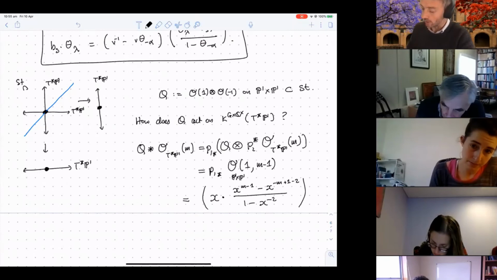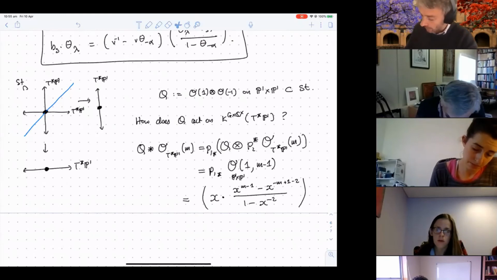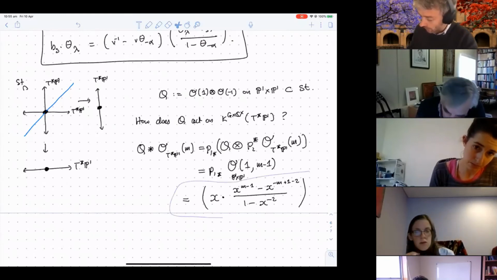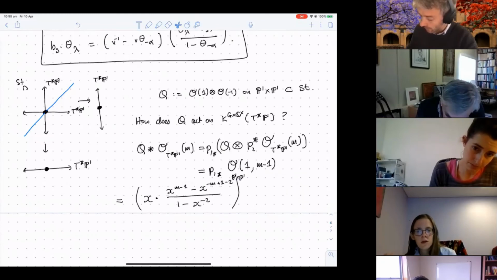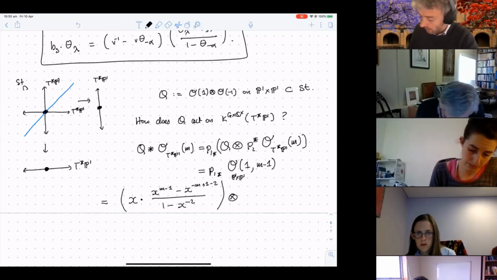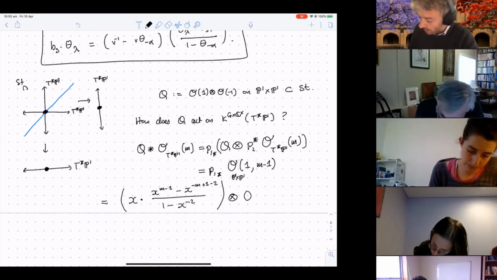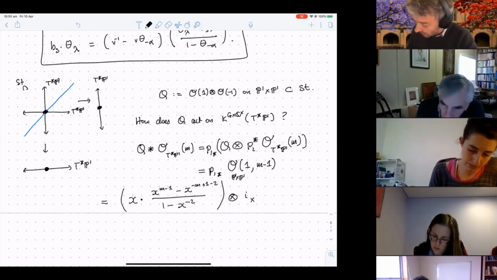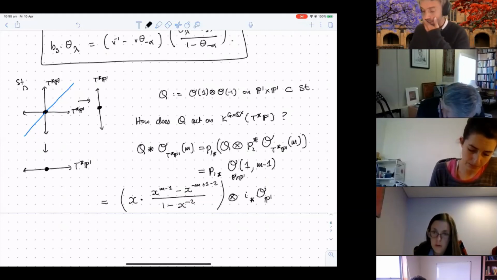So I'll go into more detail about this next time, but the crucial thing is that we get this tensored with the structure sheaf on P1.